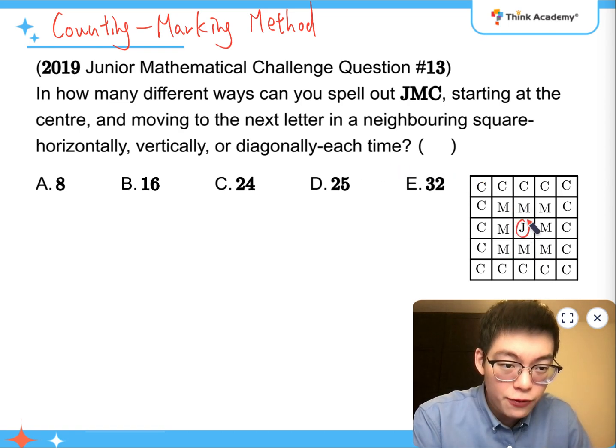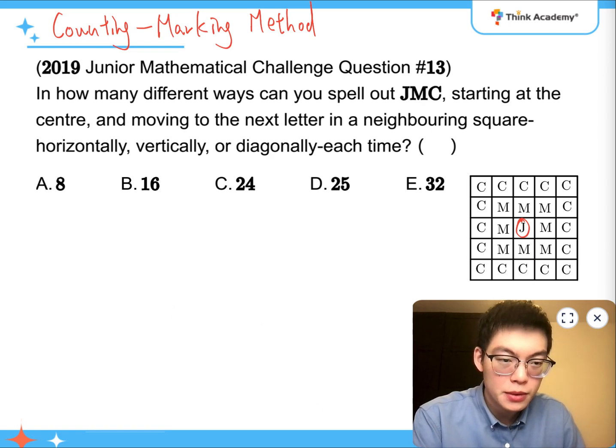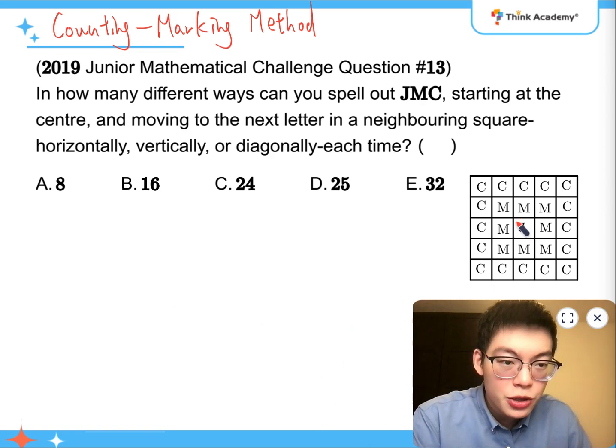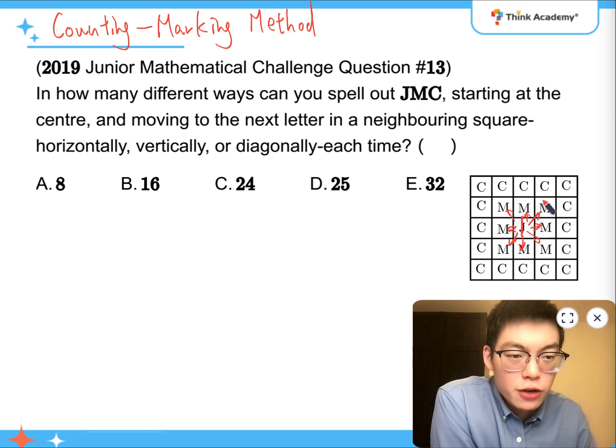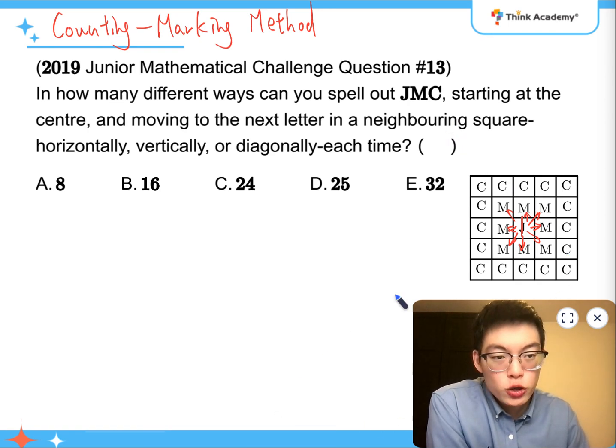Which means that starting from this J, we have one way of reaching this J, right? And then you can go to all the other 8 boxes around. And then we need to think about for each of these M's, how can you get to the C? So basically there are 2 types of M's.